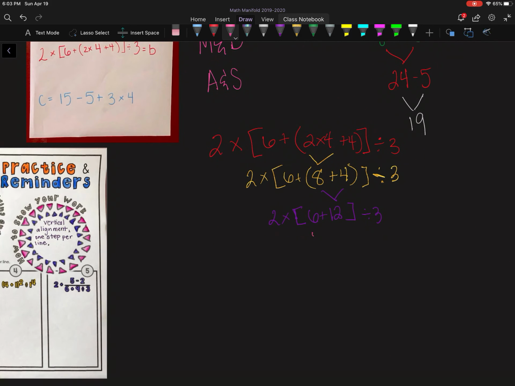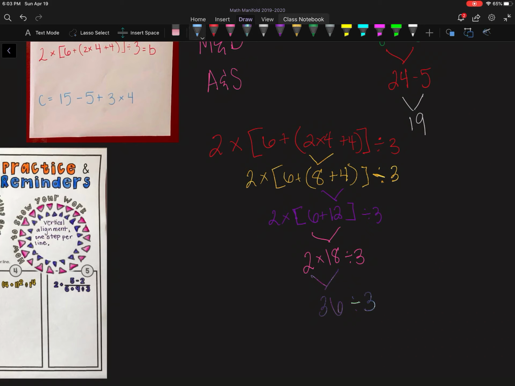So every time, this is where we call our vertical alignment. I'm doing a new line and I'm writing these vertically so I can keep myself organized. So now I'm just left with multiplying and dividing. So I'm going to work straight from left to right. 2 times 18 is 36.